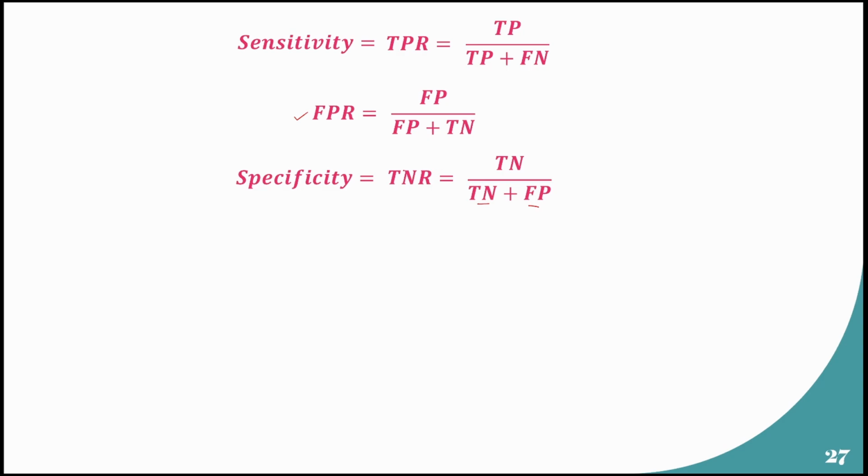Using these formulas, there seems to be some relationship between false positive rate and specificity. So what is the relation between false positive rate and specificity, just using the formulas given here? You see there is something common in both of these cases.